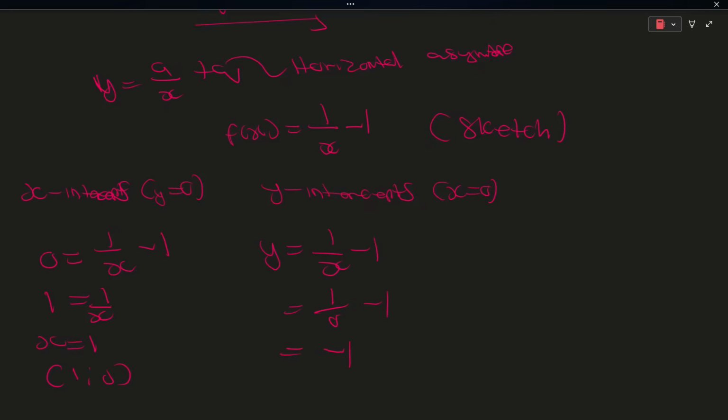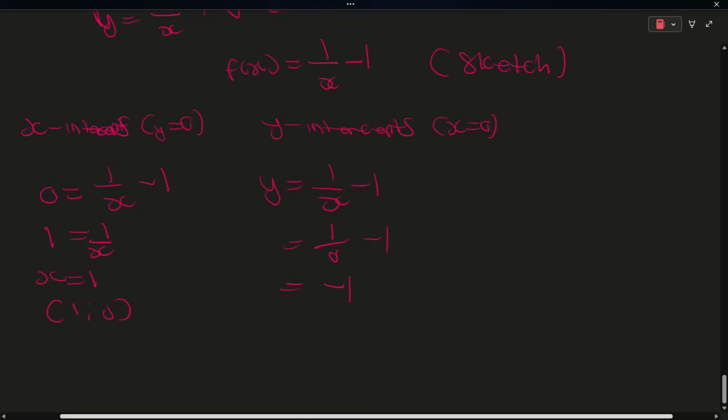And I know that q is my horizontal asymptote. The graph will never touch the asymptote, so it will never touch minus 1. Okay?